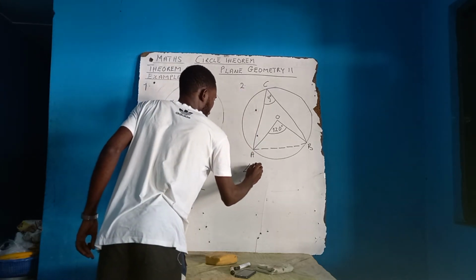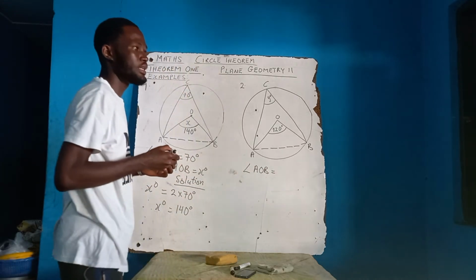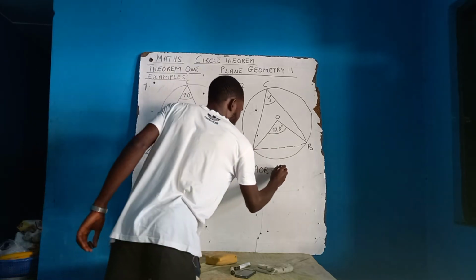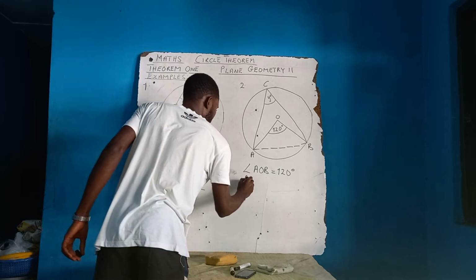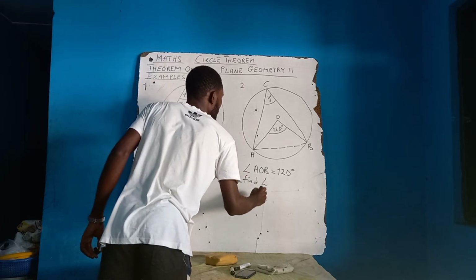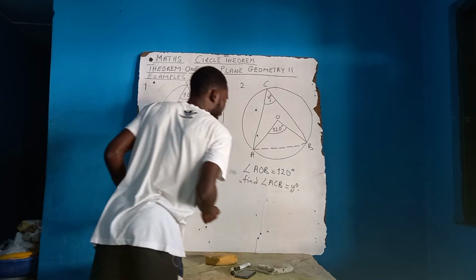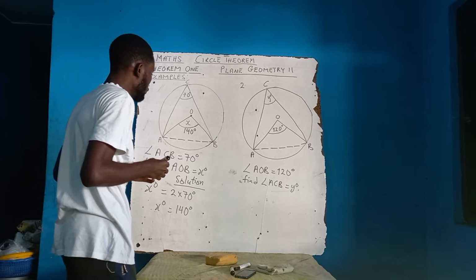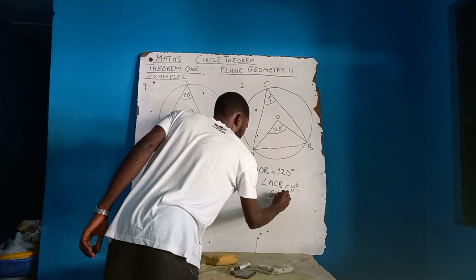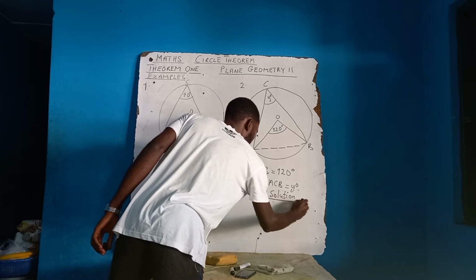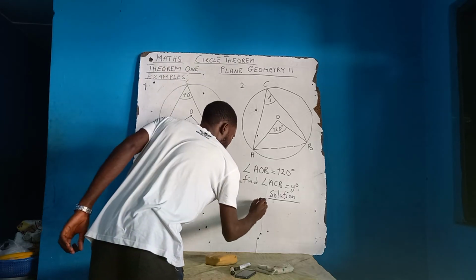So we have angle AOB is actually our angle 120 degrees, right? And we are being tasked to find angle ACB, which is the same as y degrees. So we are going to have our solution to be twice of y.